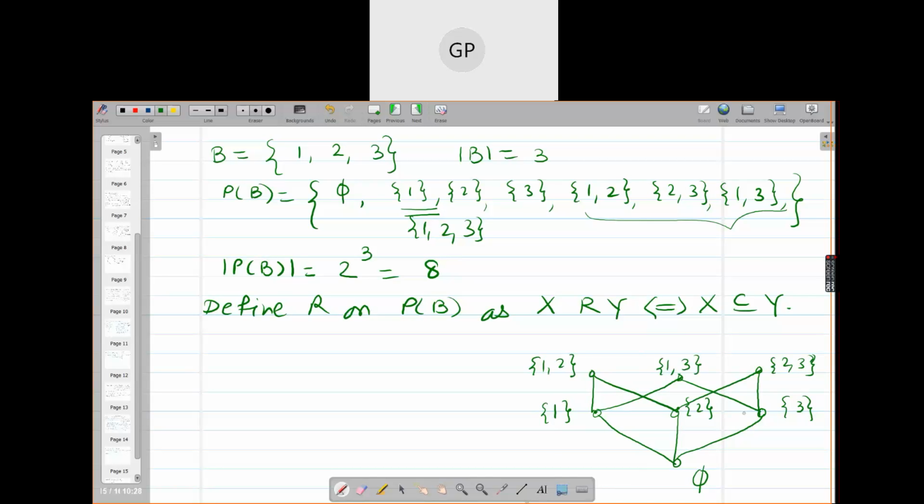Have you understood this? Yes, ma'am. And the last one we have is 1, 2, 3. So this is 1, 3. So the last one is 1, 2, 3.